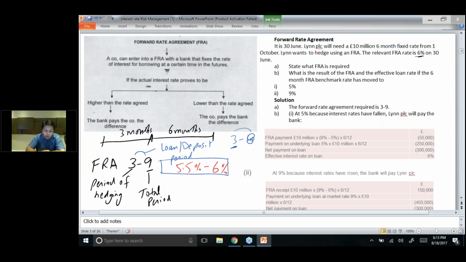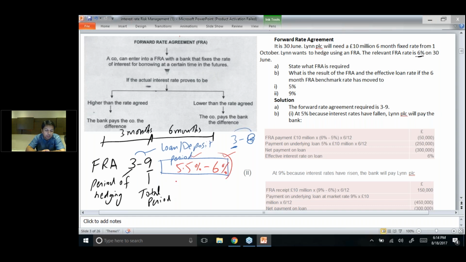If you are going to borrow or if you are going to lend, there will always be 2 rates. One is for lending and one is for borrowing. Obviously, the borrowing rate will be higher than the lending rate. So if you are going to hedge your borrowing position, definitely you will lock at 6%.